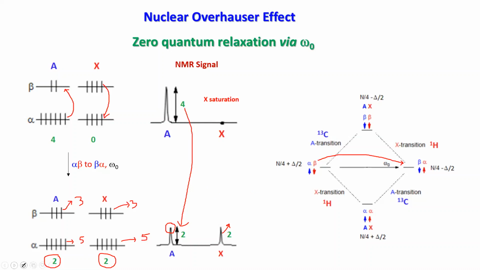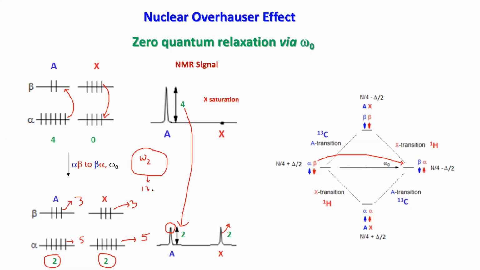Yes, sir. Now the thing is, for 13C and proton system, we find that the relaxation route is the 2 quantum route. Okay, the omega 2 route. Omega 2 route is observed for 13C and proton interactions.